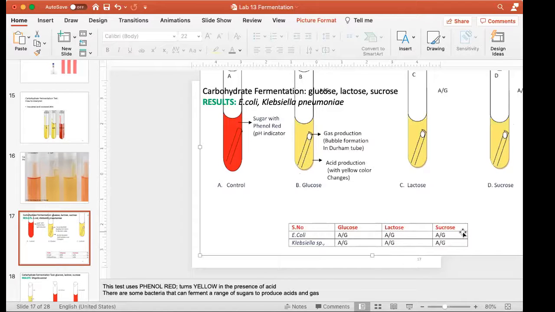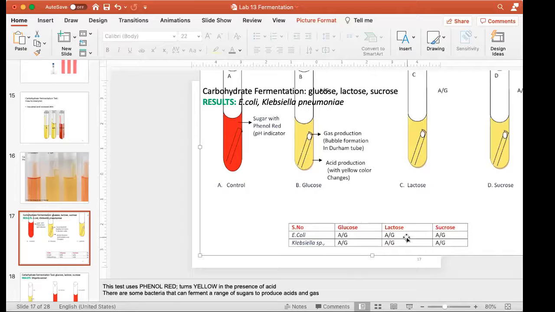Now think about what this means. E. coli is able to ferment glucose. It's able to take the glucose molecule and, using the process of glycolysis, convert the glucose to pyruvate. Then the pyruvate gets converted into product molecules, including acid and gas.